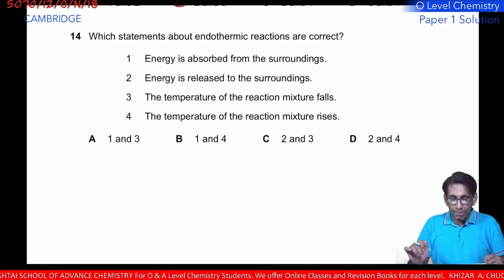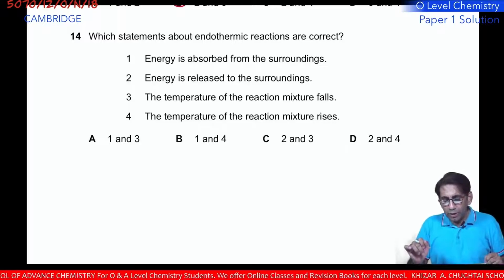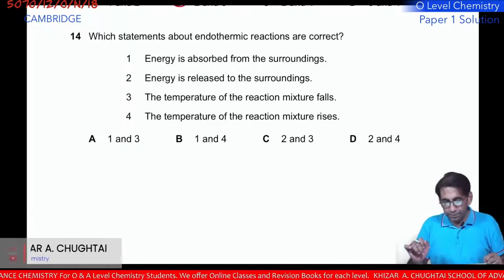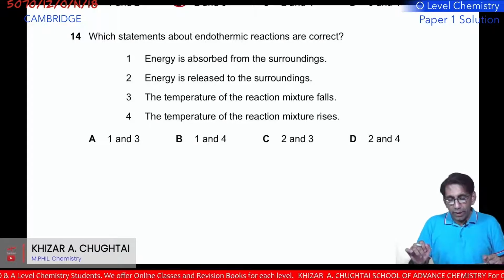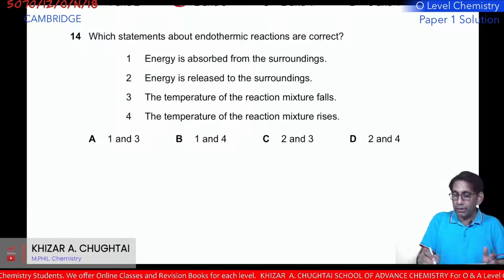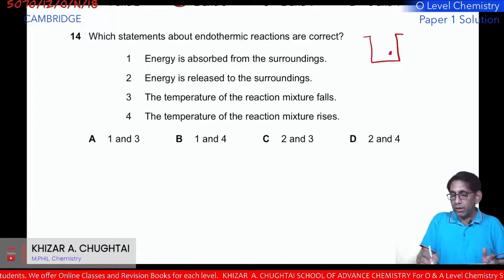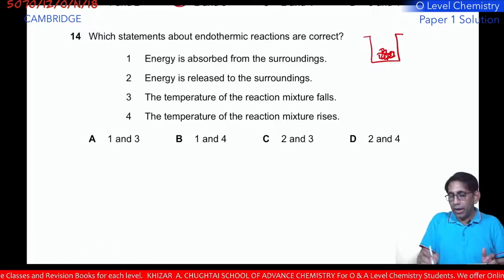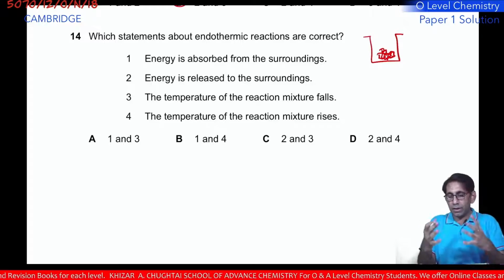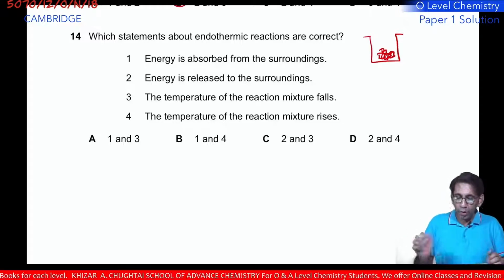Question number 14. Which statements about endothermic reactions are correct? Energy is absorbed from the surrounding. Yes, it is true. For example, if I'm having ice cubes in a glass or any normal container, you will feel that it is going to be colder.